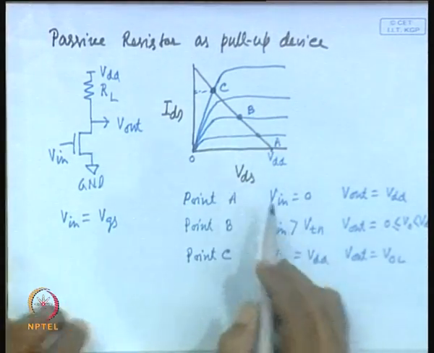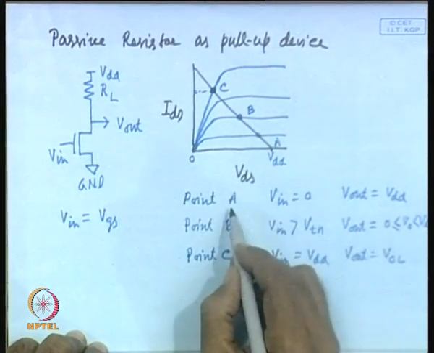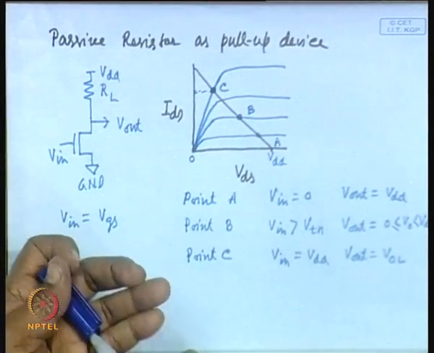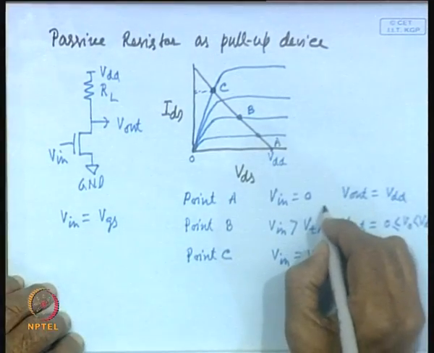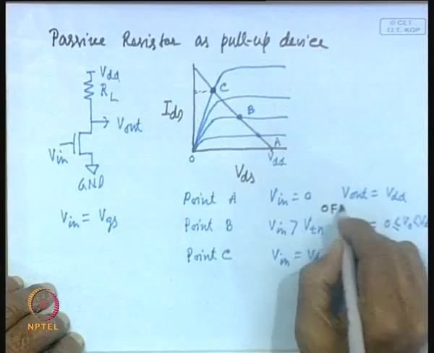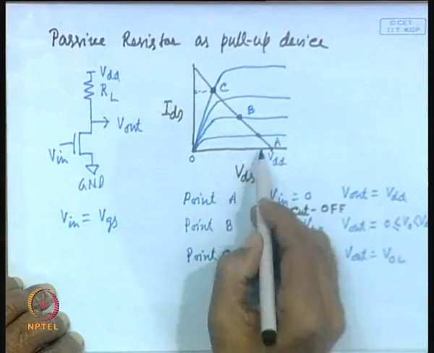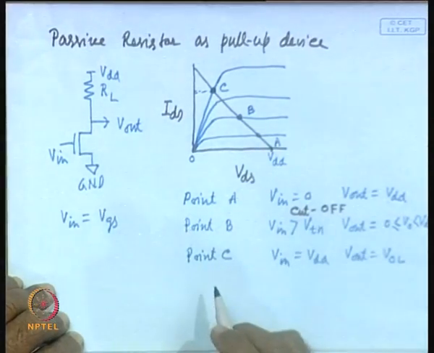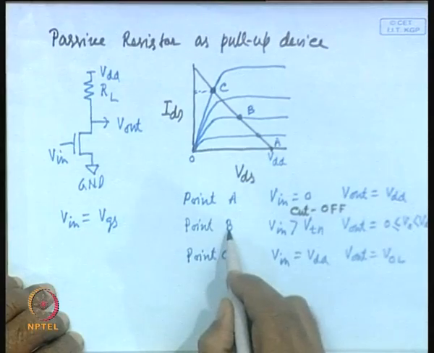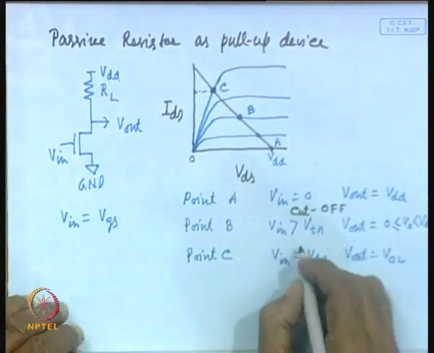Now, we can see how the operation of the MOS transistor is changing. Point A corresponds to when the MOS transistor is off, operating in the cut off region. What about point B? At point B, the NMOS is in saturation.